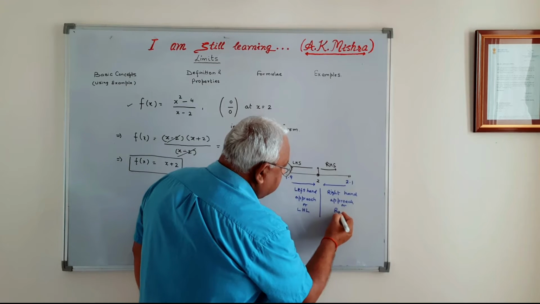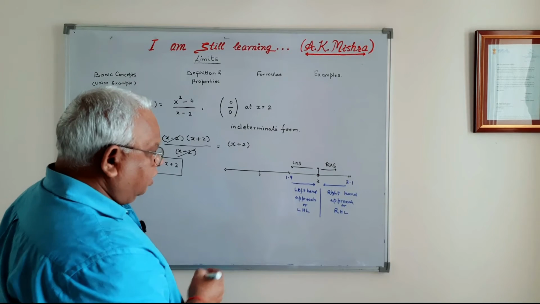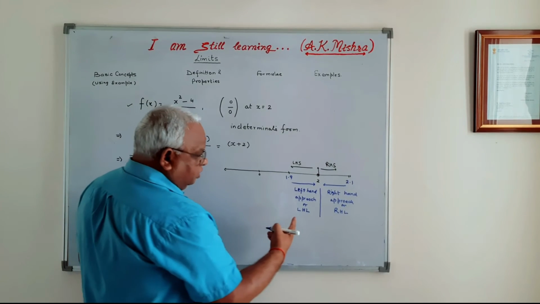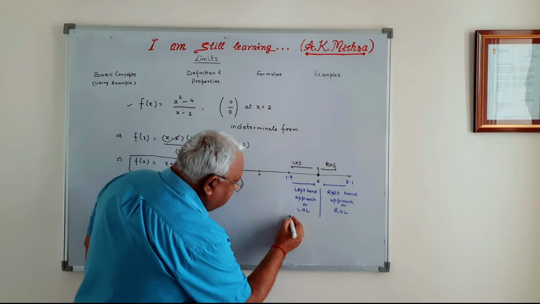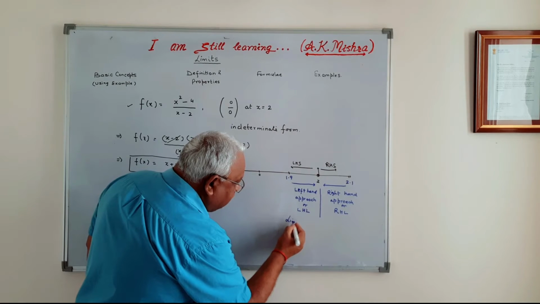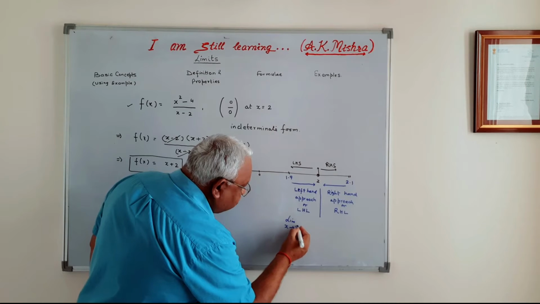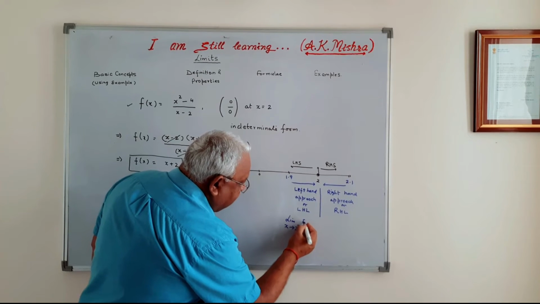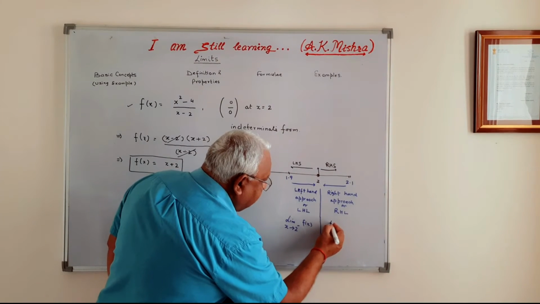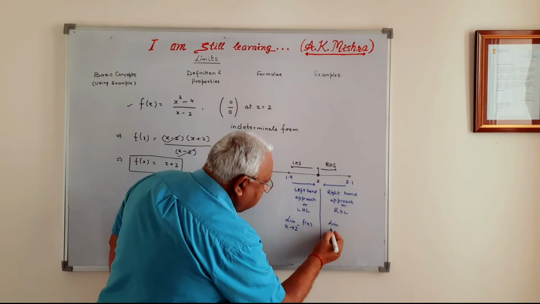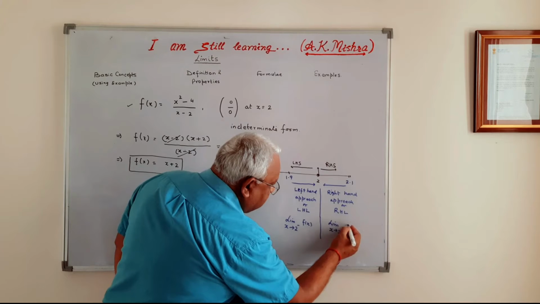In mathematical language, it is defined as limit x tending to 2 minus f(x), and this is called limit x tending to 2 plus f(x).